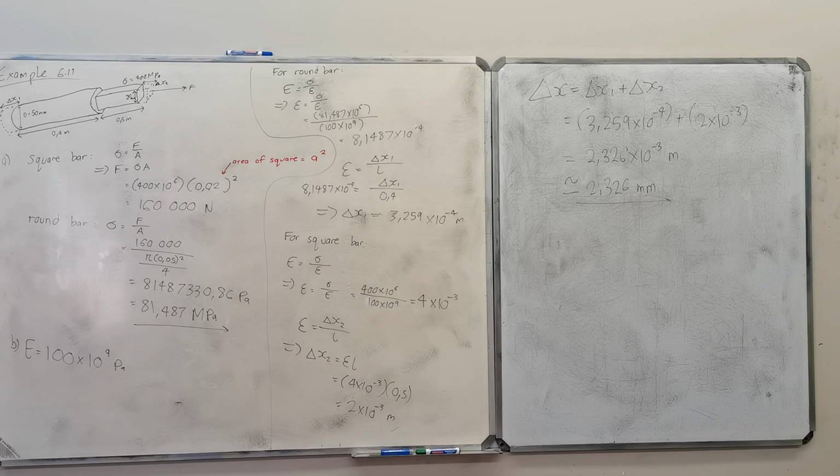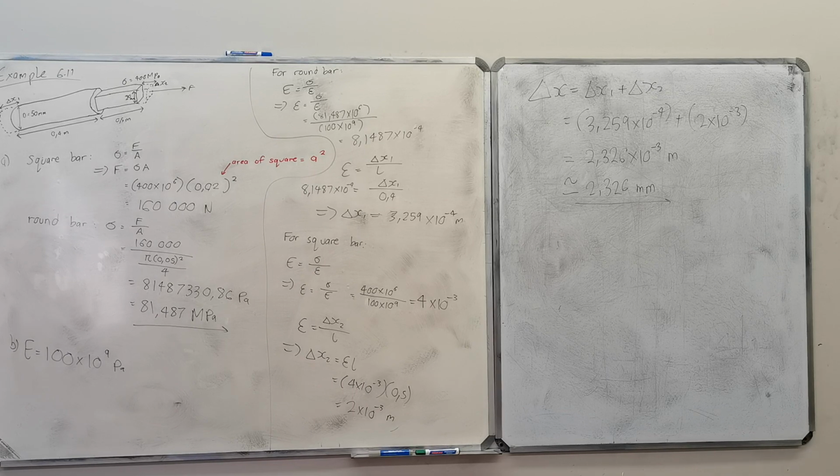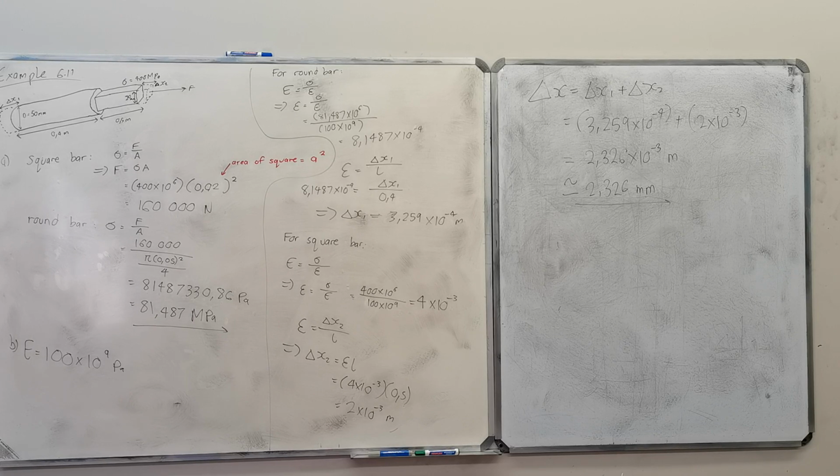So if you turn over, you have your load and your extension that was given to us. We know the diameter of this bar is 26 millimeters, and the length of the bar is 62 millimeters. So how do you work out stress? Force over area. So you take the force of 0 over the area, 13 over the area, 26 over the area, 39 over the area, 60 over the area.